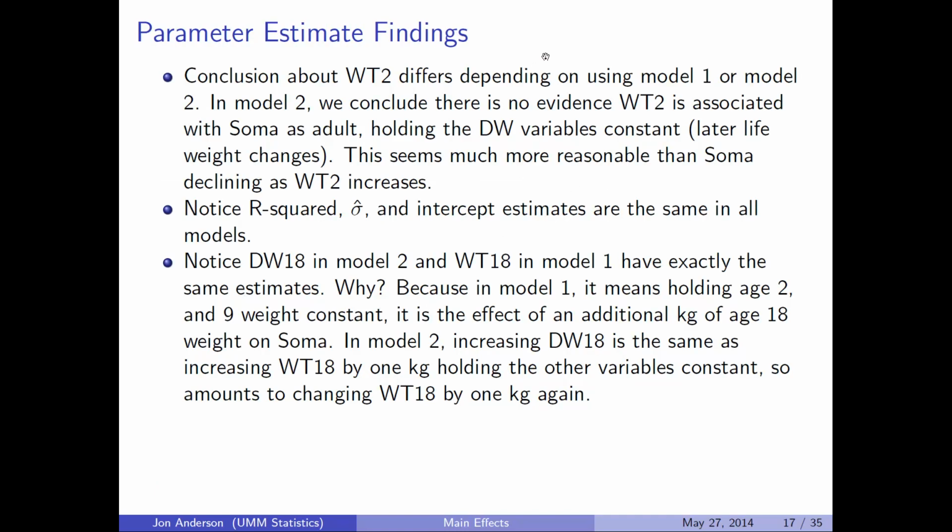So the conclusion about weight at age 2 differs depending on whether we're using Model 1 or Model 2. In Model 2, we got no evidence that it's associated with soma, holding the other variables constant, and I think that's quite reasonable.